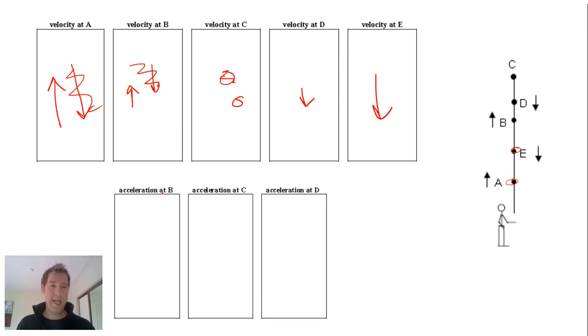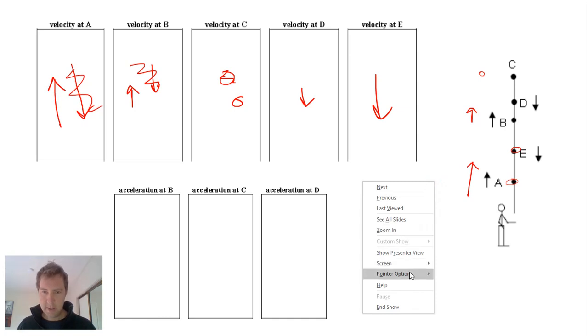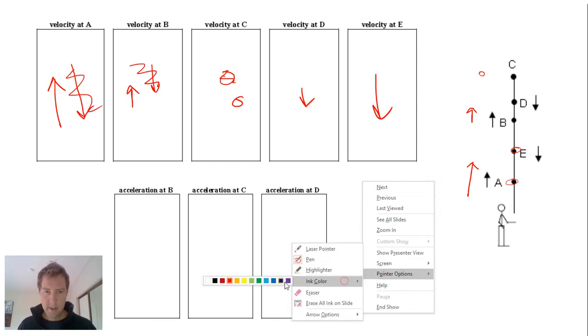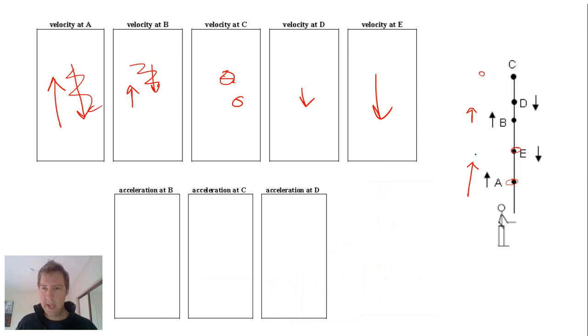The main differences, and the whole point of this, was talking about what the acceleration is at each point, B, C, and D. So here are the 4 different ways. The first way that someone sent in was that A is going up and it's getting smaller, and then it's down to 0. So between here and here, if we were to draw our acceleration arrow, if those are velocities, my acceleration is what's between them.